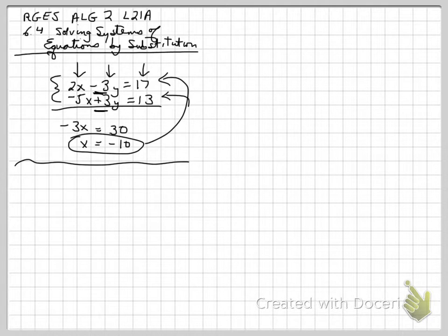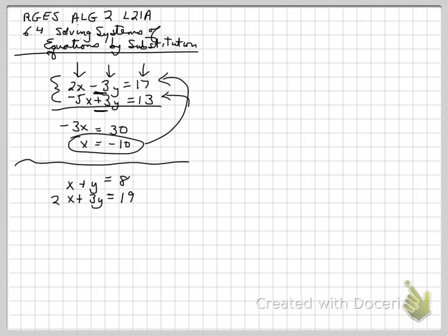What we want to do this time is to solve by substitution. Now that means, let's say I have x plus y equals 8 and 2x plus 3y equals 19.